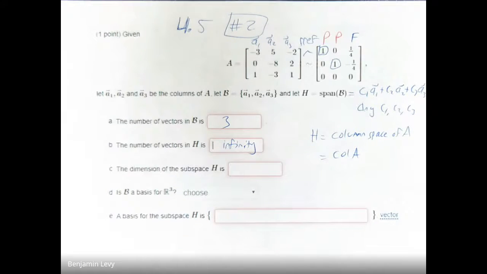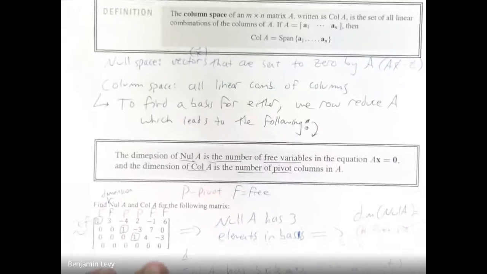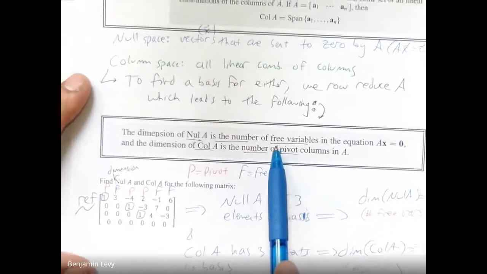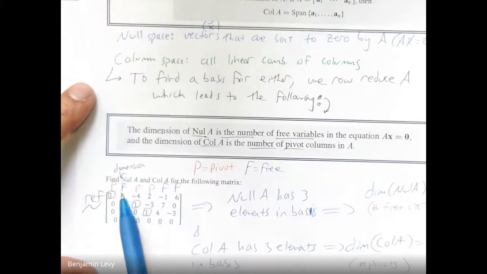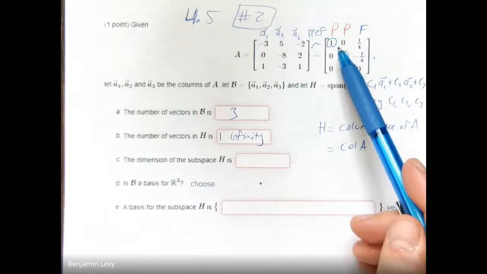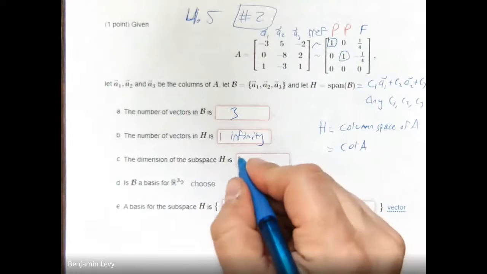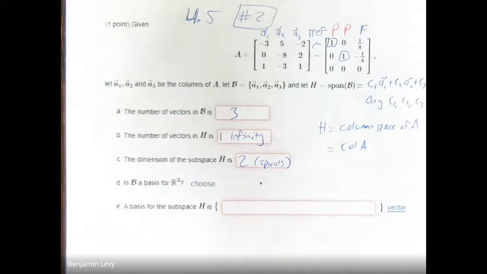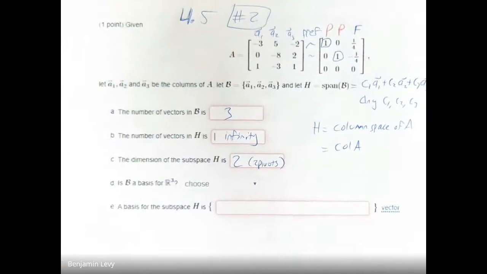And so what we just said in the notes was the number of pivot columns tells you the dimension of the column space. And so in this particular one, there are 2 pivots. And so the dimension of the column space in this one is 2 because there's 2 pivots. In other words, there's 2 vectors in the basis for the column space.